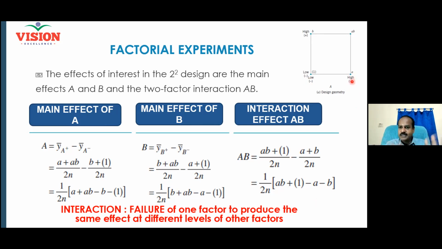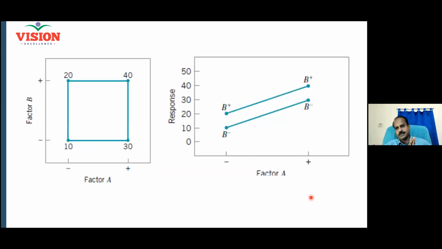I am not changing A, I am changing only B. Now what happened? My result is changing, right? A is at high. It is supposed to give me A only, but the same factor A at high gives me a result of AB because I changed the B. So that means there is an interaction, and that interaction can be determined. Hope all of you understood.